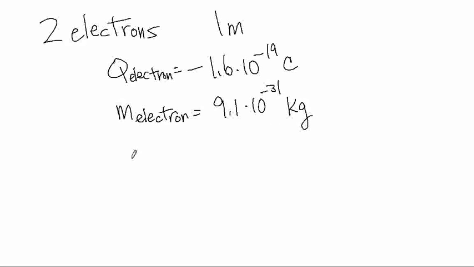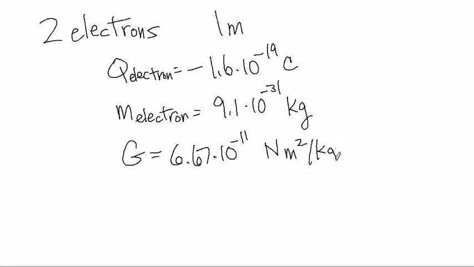And then you will need the gravitational constant. I'll give that to you as well: 6.67 times 10 to the minus 11 newton meter squared per kilogram squared. All right, so pause the video and try to find that ratio now.